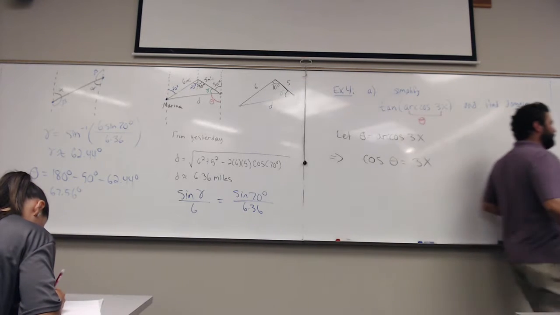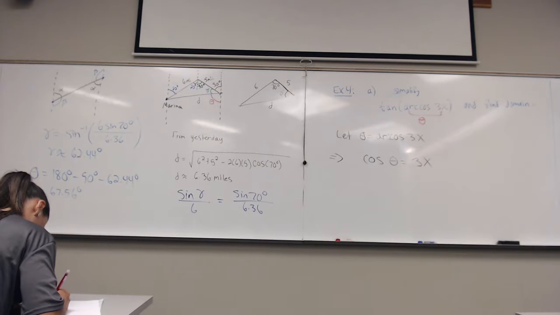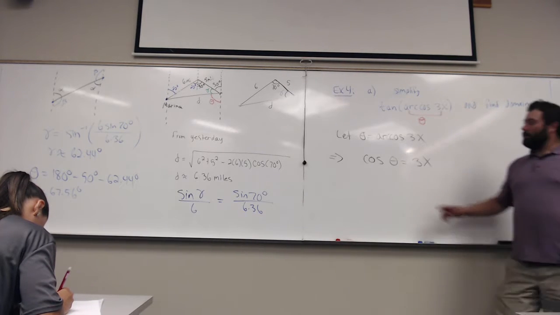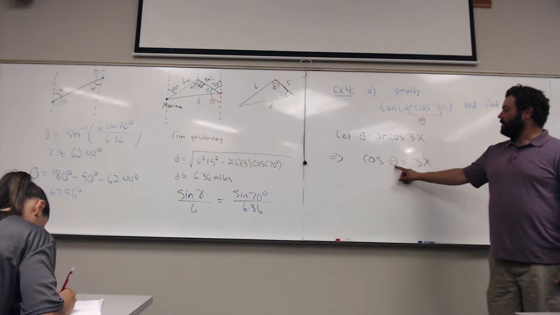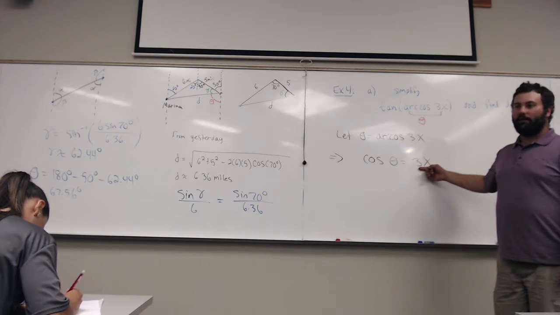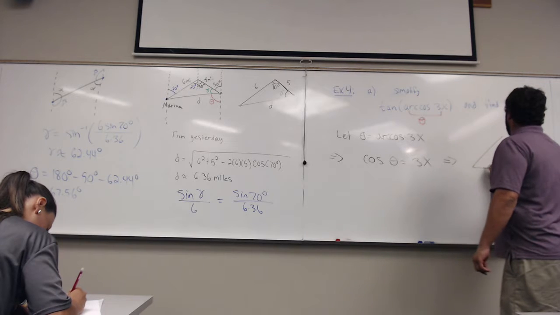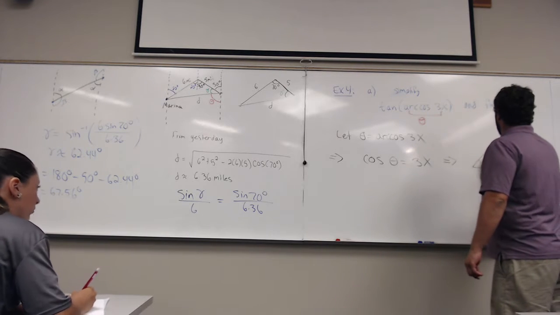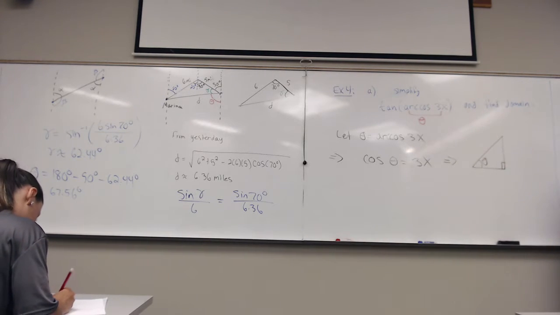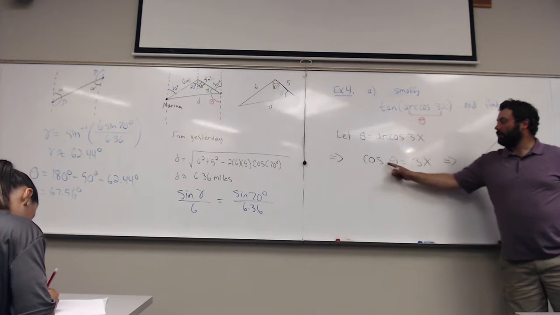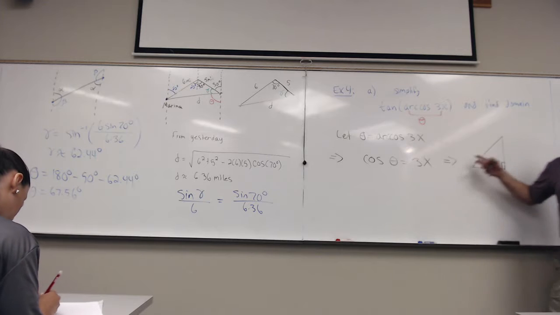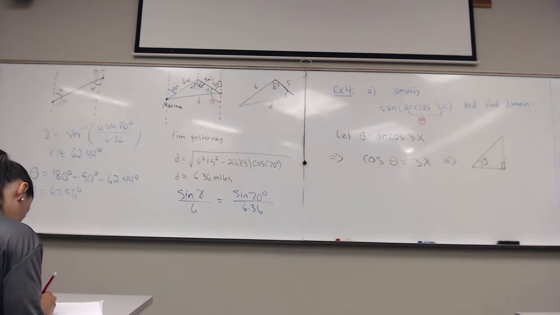And now we're going to use an idea we used in section 5.1. If I know that cosine of an angle in a right triangle equals some value, I should be able to draw a right triangle with this angle theta in it. We did this before, right? If you knew cosine theta was 1/2, then we could label the sides in the right triangle.